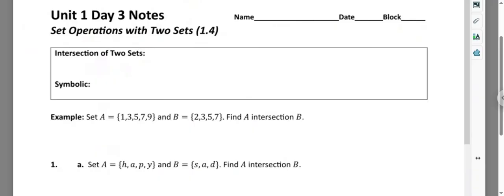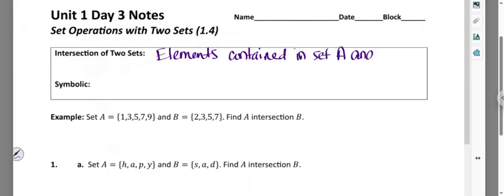So intersection of two sets. We have set A, set B, for example. The intersection would be the elements contained in set A and in set B. It has to be in both of them to be the intersection.